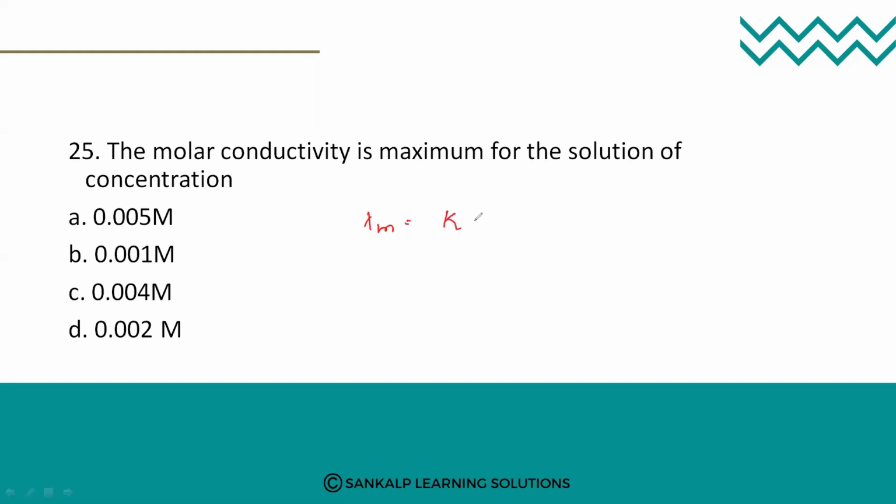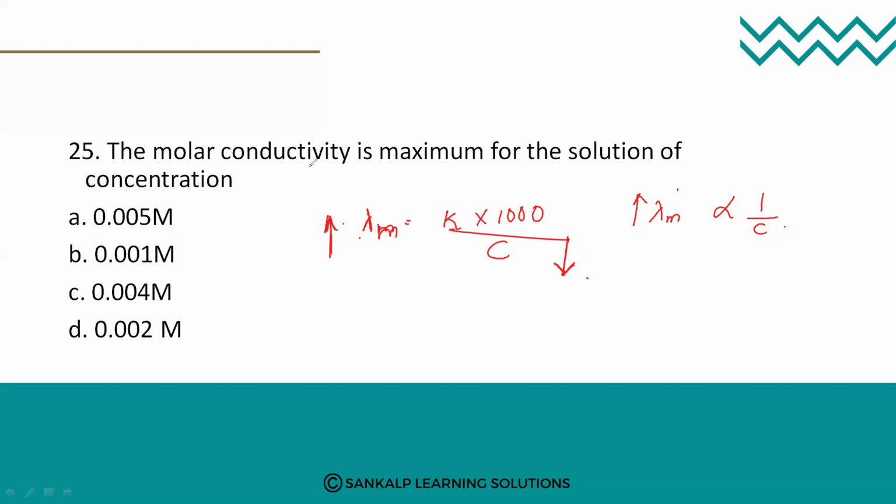It is conductance into 1000 by concentration C. We know that molar conductivity is inversely related to concentration: the lower the concentration value, the higher the molar conductivity.